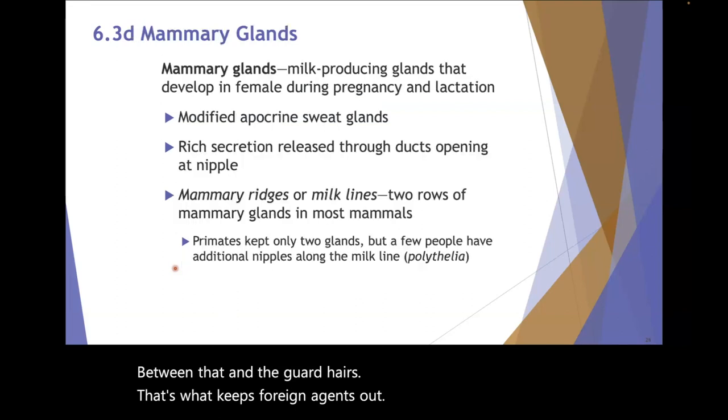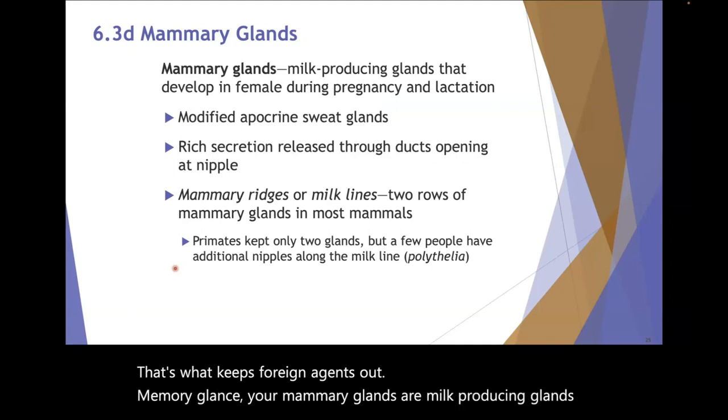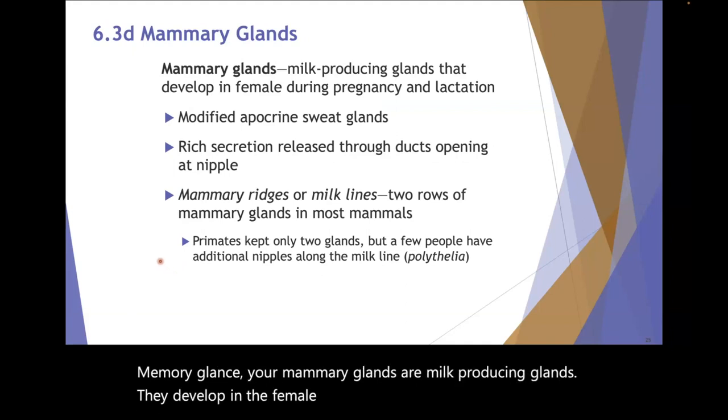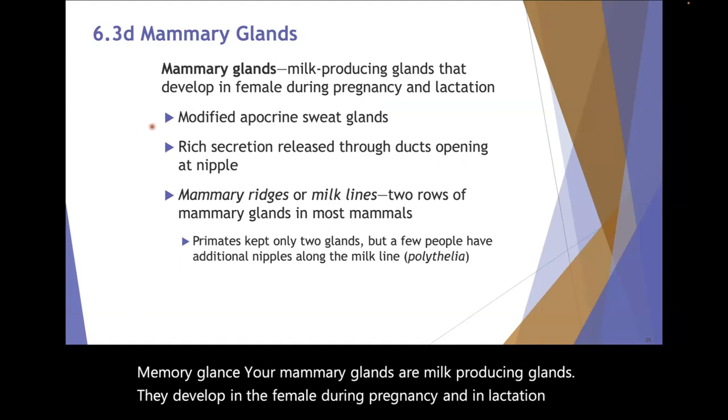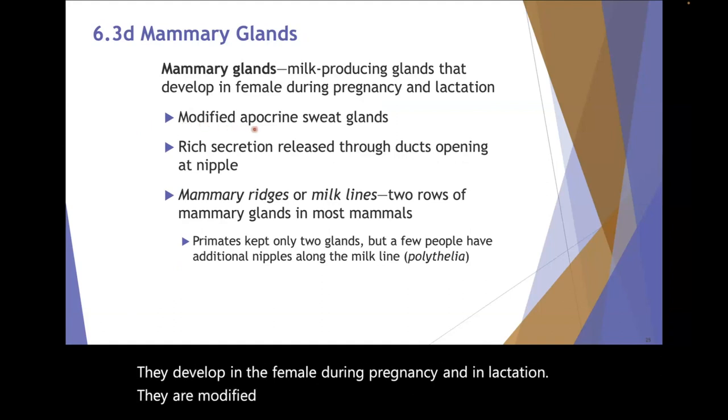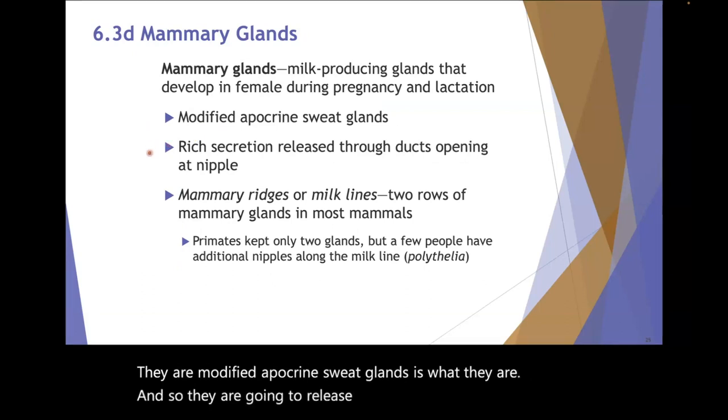Mammary glands. Your mammary glands are milk-producing glands. They develop in the female during pregnancy and in lactation. They are modified apocrine sweat glands is what they are. They release rich secretions through the ducts at the opening of the nipple.